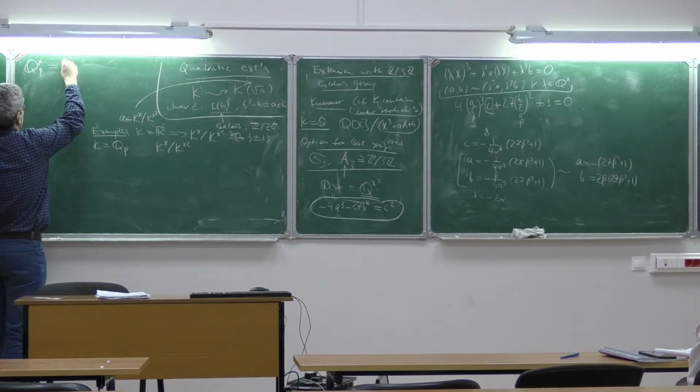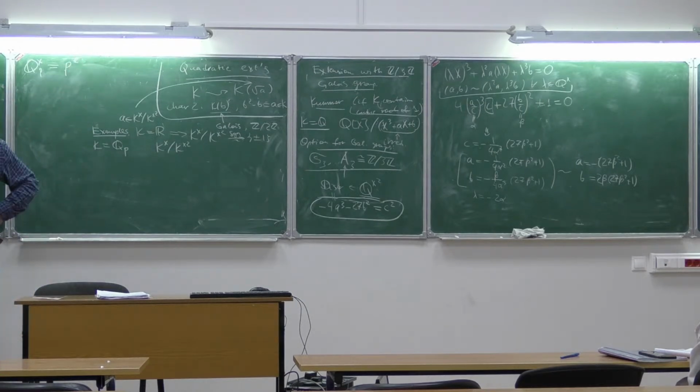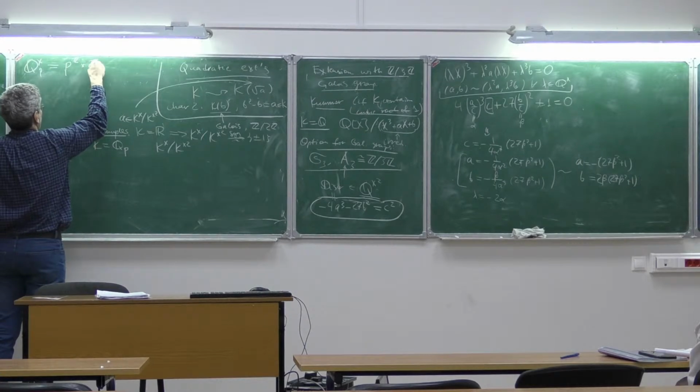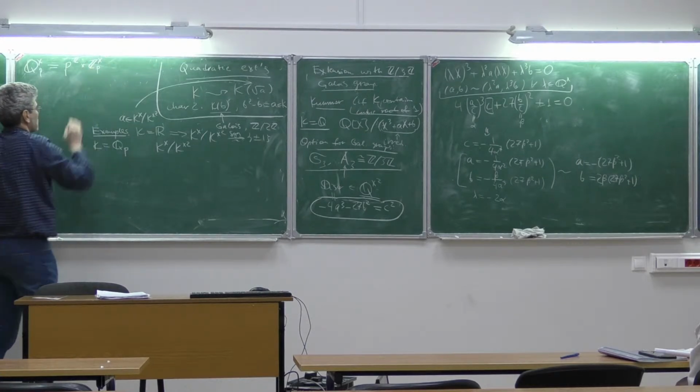Actually, yes. So what you say, you probably mean that you can present any non-zero periodic number as a product of a power of p and some invertible periodic integer.